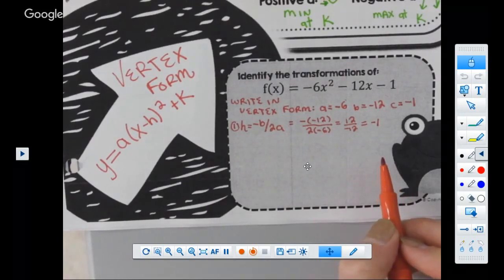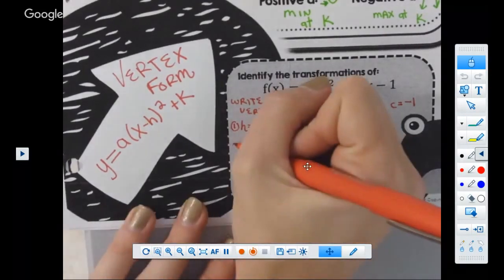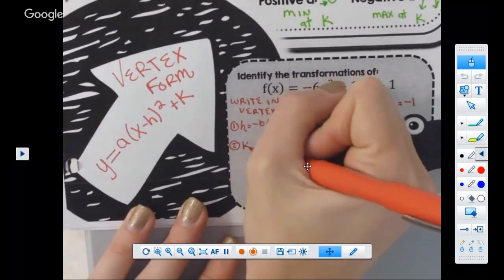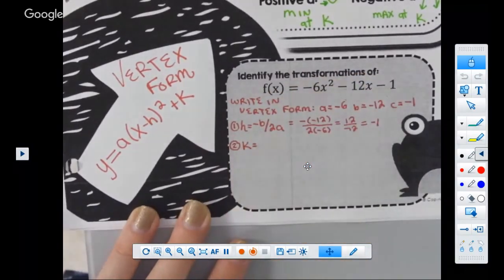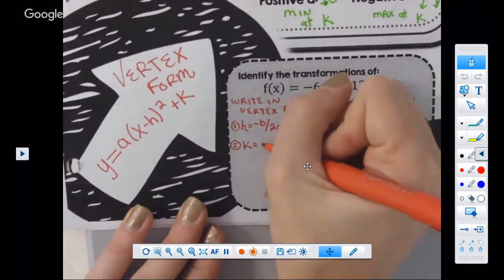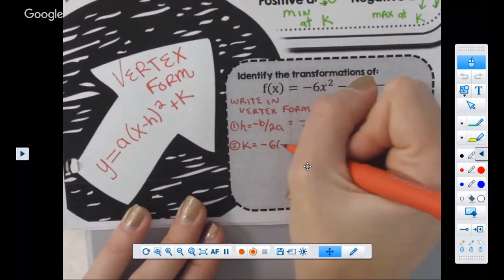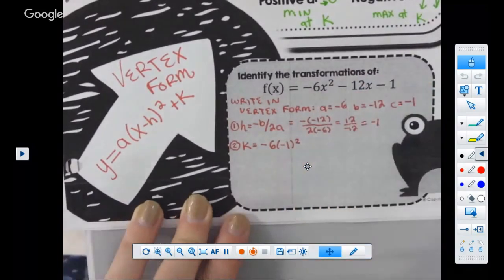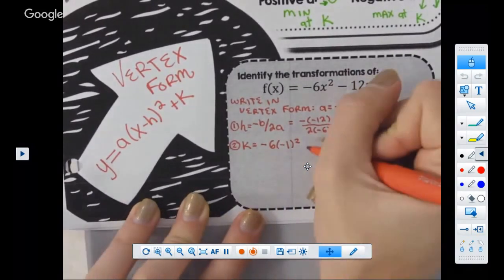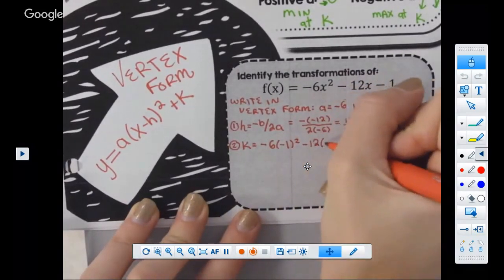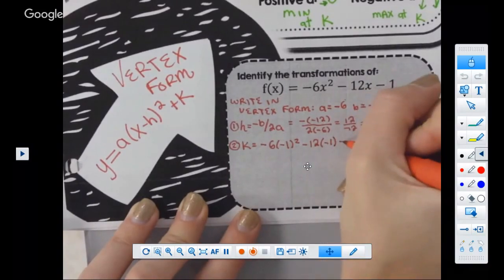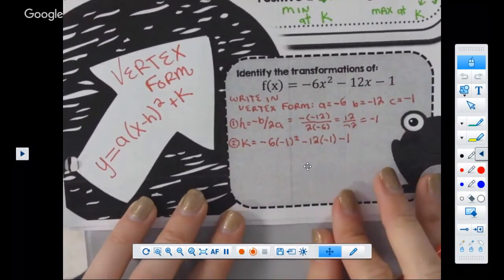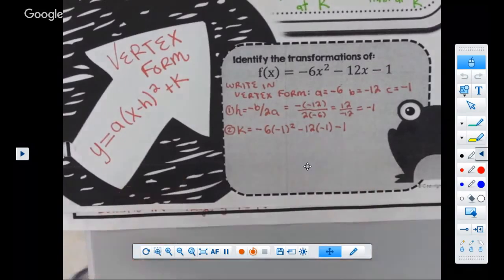We follow? Okay, how do we find K then? We plug in negative 1. So I'm going to give you a chance to try it out. We have negative 6 times negative 1 squared minus 12 times negative 1. Again, some calculators, you can just type that in and hit enter, and it will give you the answer.